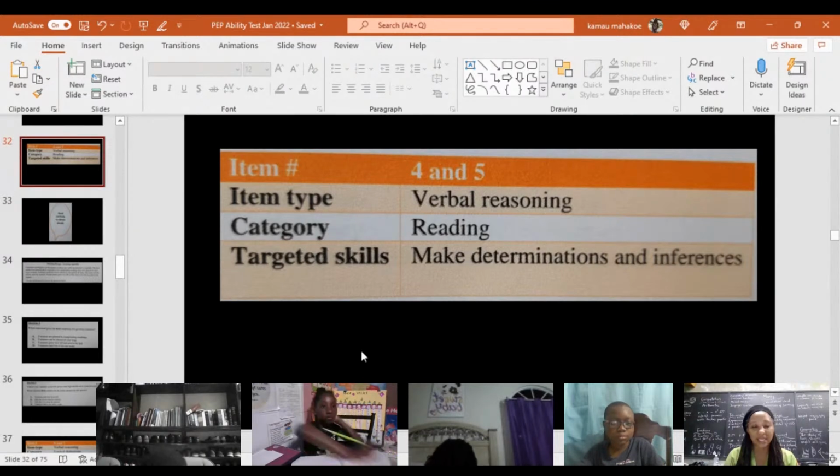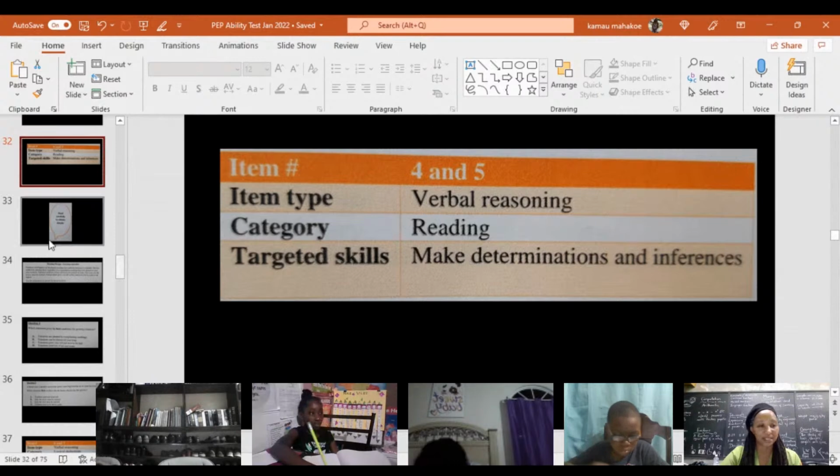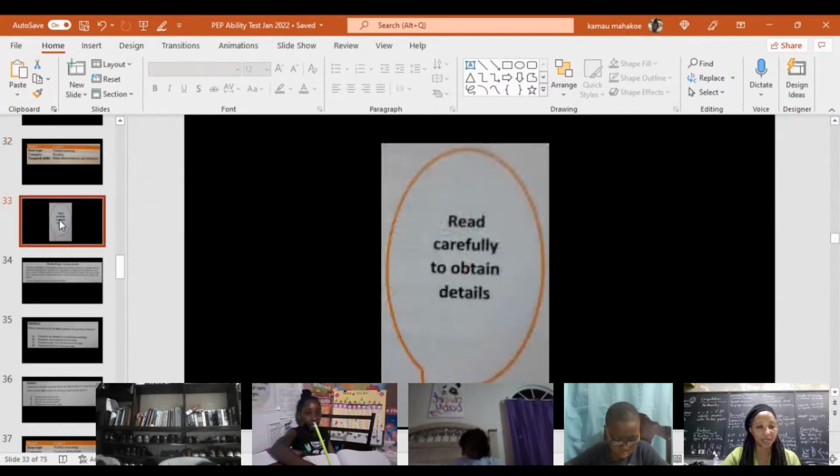The targeted skill hoped to develop in the student is to be able to make determinations and inferences. So based on what you read, you are able to draw conclusions as well as bring to the table knowledge that you have gathered in your very long lives and use that to help you answer the questions.